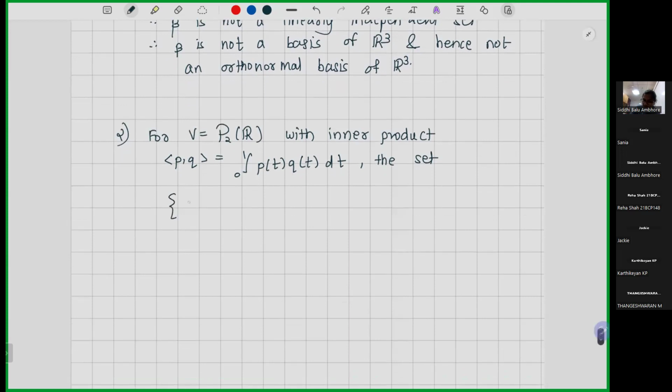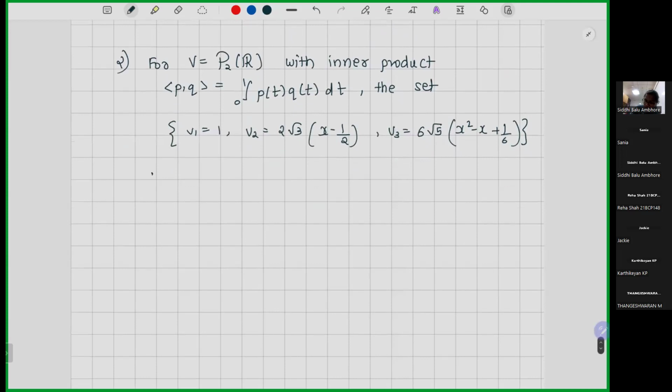Let me give the set a name now itself. Is it an orthonormal basis of P2R? So they are asking about the orthonormalness of this set.